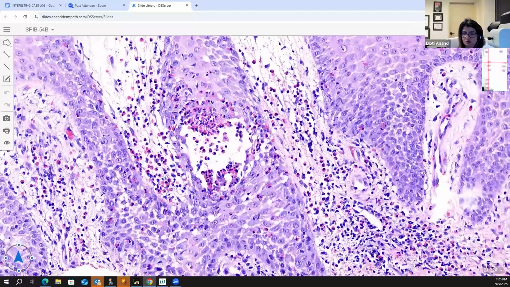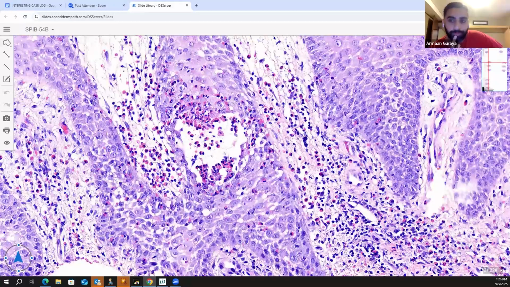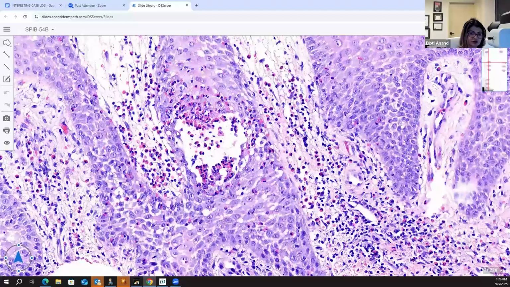Now, in how many cases of contact have you actually seen that? Never. Exactly. When I see this, it makes me worried for an immunobullous disease. When I see eosinophilic microabscesses, you think about immunobullous diseases.